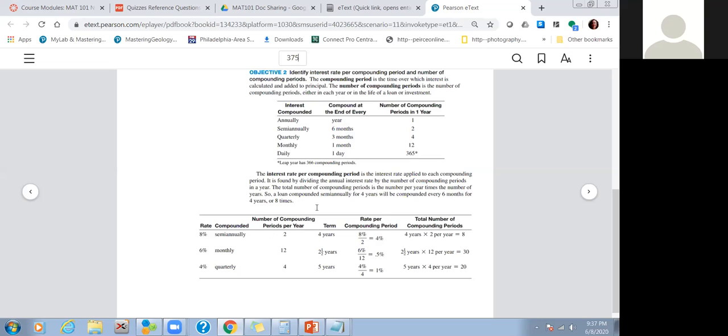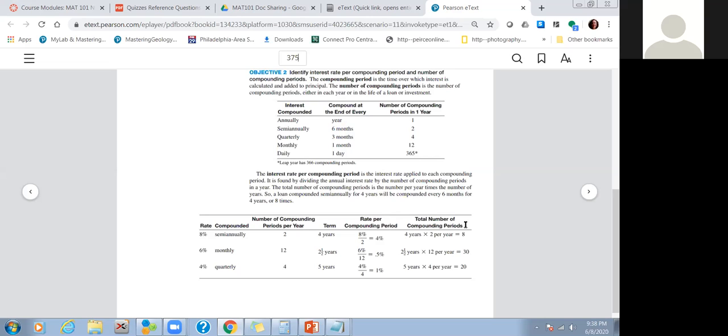And it's also showing you at the very bottom here the adjustment that you do based on the compounding. So we take our annual rate and we divide it by the compounding frequency, and that will tell us the periodic rate.